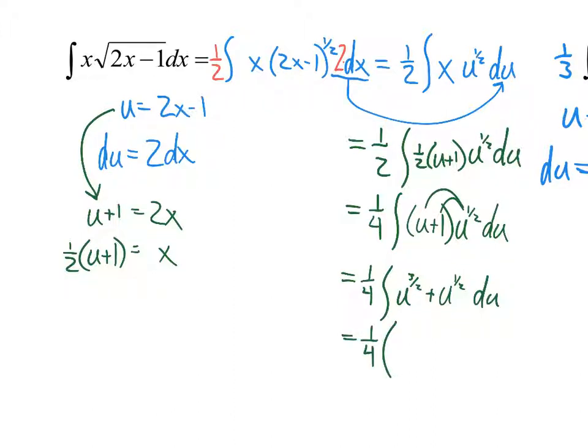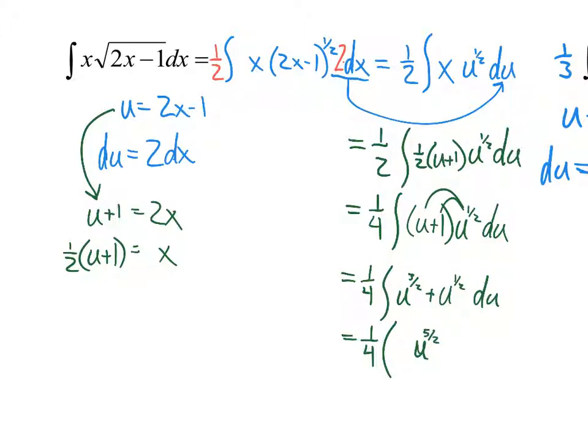What's the integral of u to the 3/2? Add 1 to the 2 and divide by 5 over 2. Okay. U to the 5/2 divided by 5/2 or times 2/5, right?